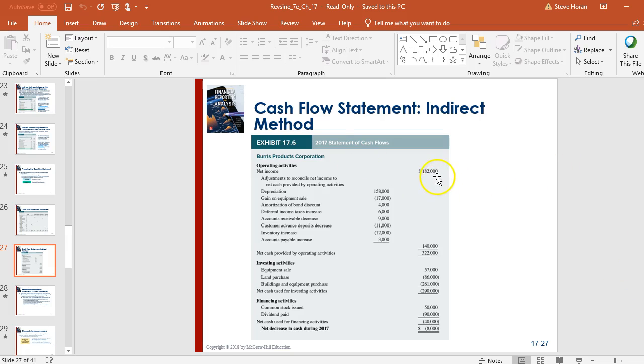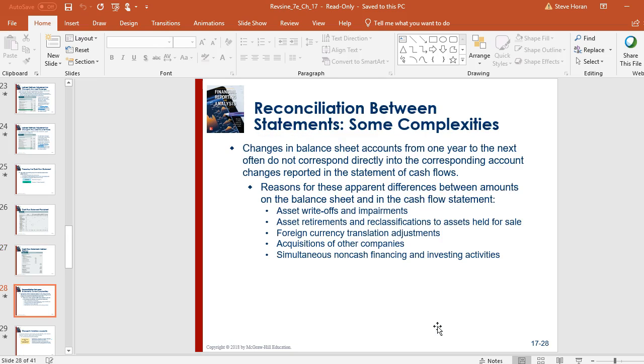So remember, we start out with net income and we make our various adjustments. So we have our cash flows from operations, investing, and financing after that. And then we're going to focus a little bit in this chapter on some of the more challenging items.